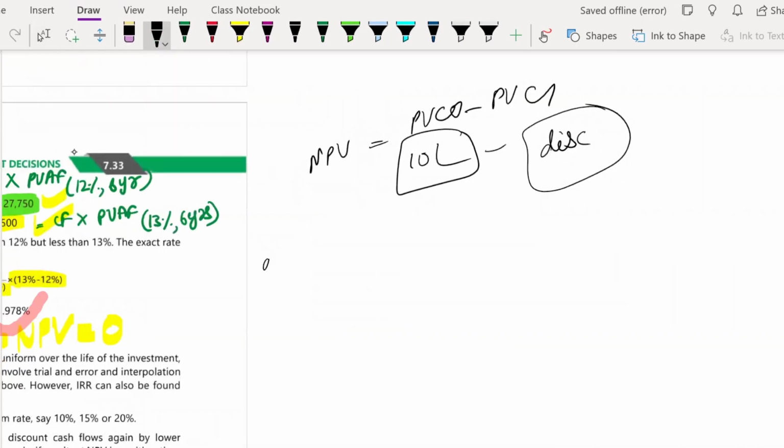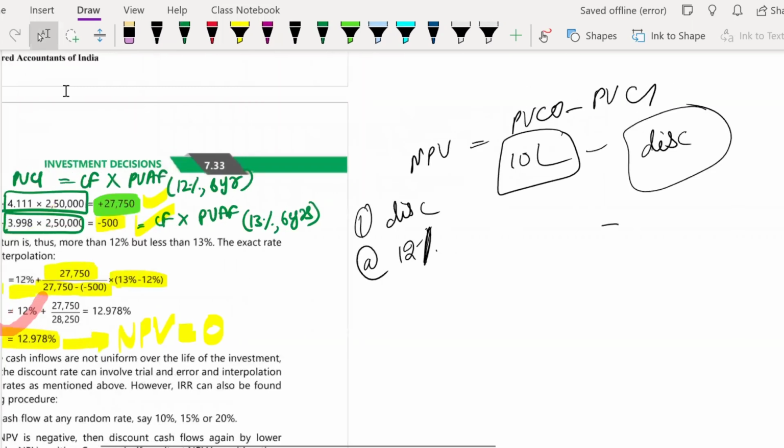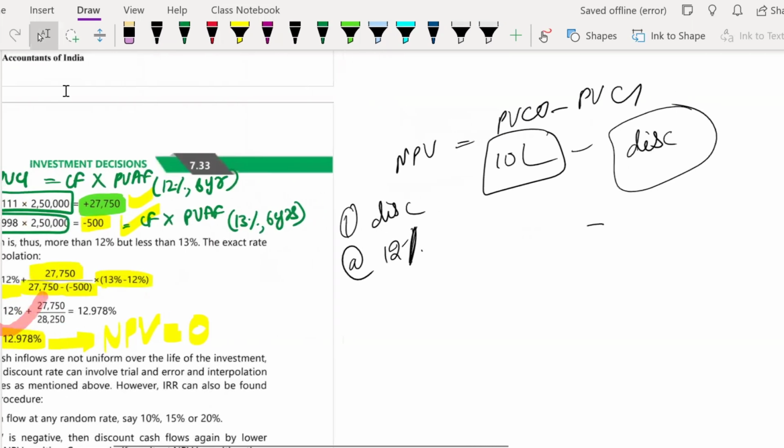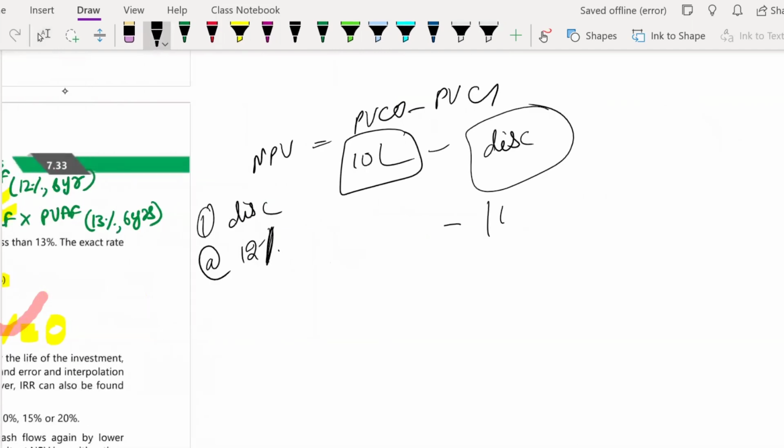In the first case, we have taken a discounting factor of 12%. If you have discounted at 12%, then your present value of cash inflows was 2,50,000 into 4.111, which is 10,27,750. Your present value of cash outflow was 10 lakh.